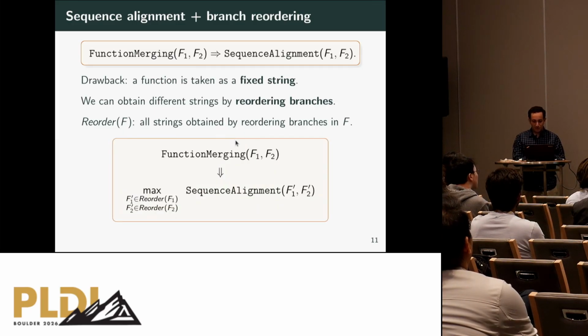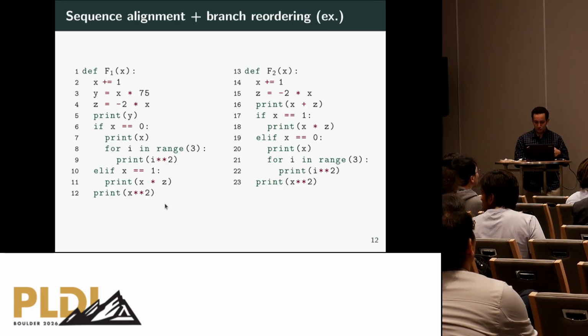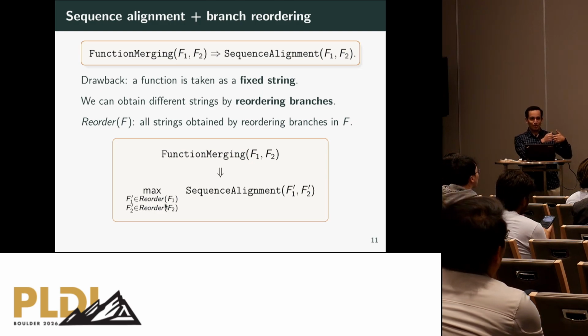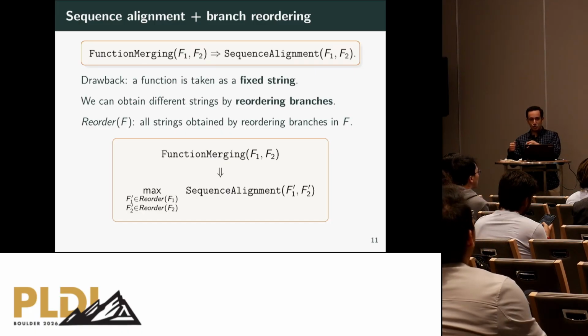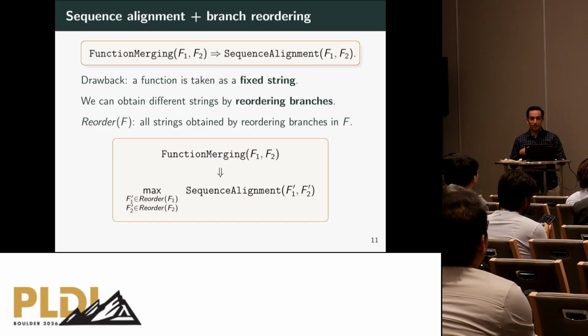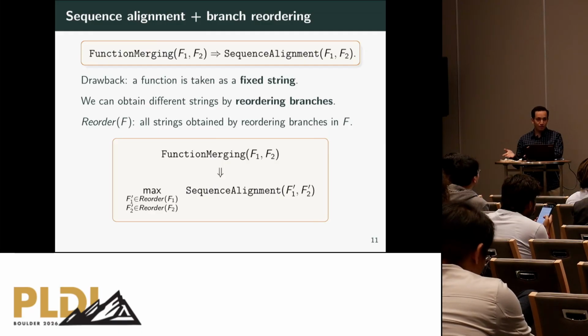Now we consider this more expressive formulation where we first try all possible reorderings on f1 and on f2, and then for each choice, we do the sequence alignment and take the best choice. The hope is that this does better than vanilla sequence alignment on a fixed string.